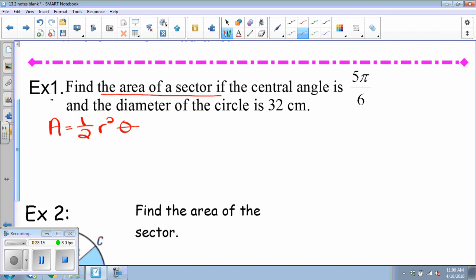There's nothing to convert. So that's theta. So area equals 1/2. The diameter is 32, so what's the radius? 16. So it's 16 squared times 5 pi over 6. You put it in your calculator just like that.